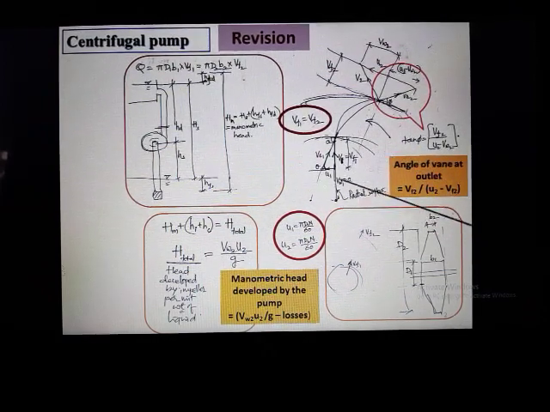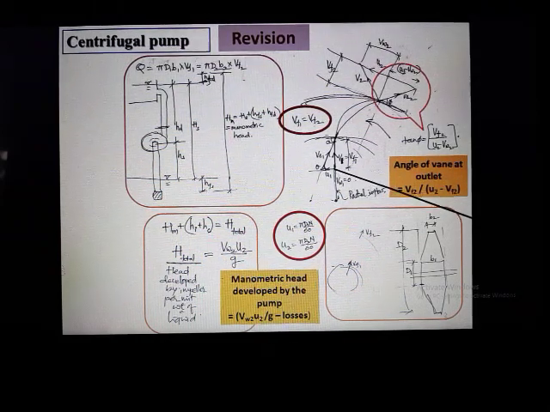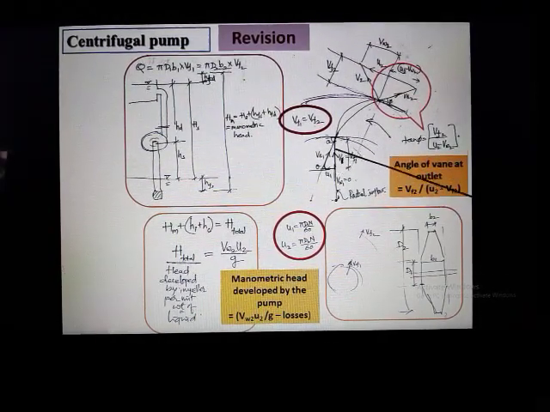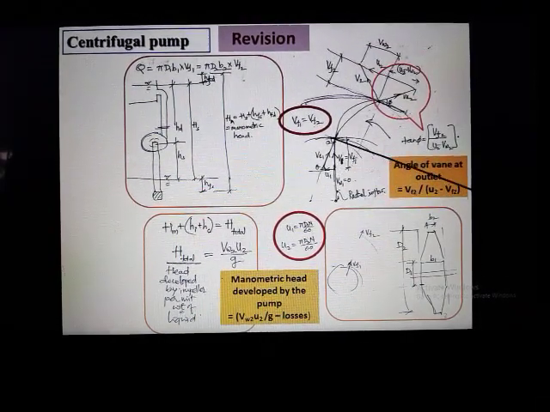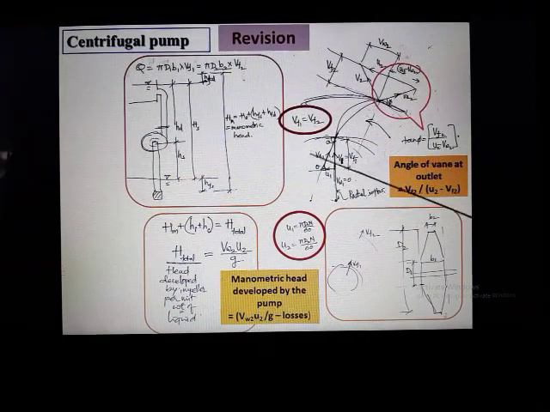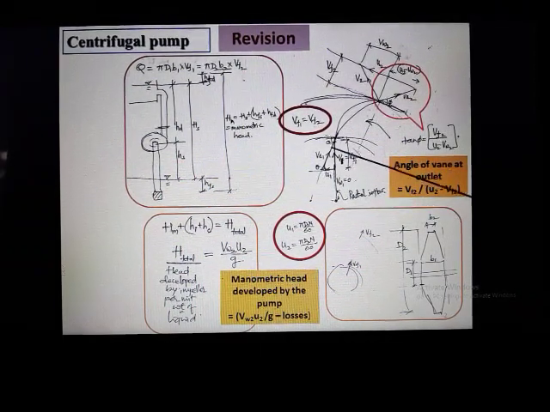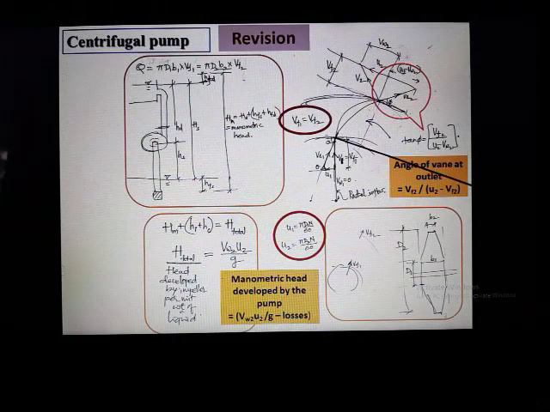Here we have got inlet velocity triangle. So what is made here is radial inflow, in the sense V1 is radial, but as usual we know by relative velocity equation U1 plus Vr1 becomes V1.